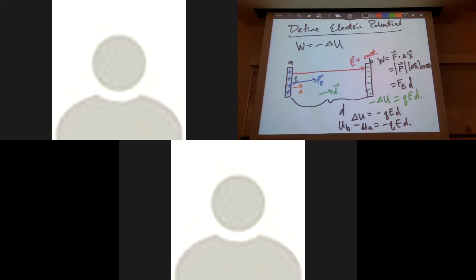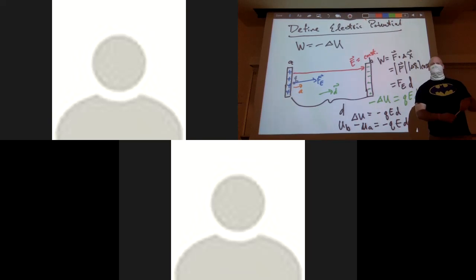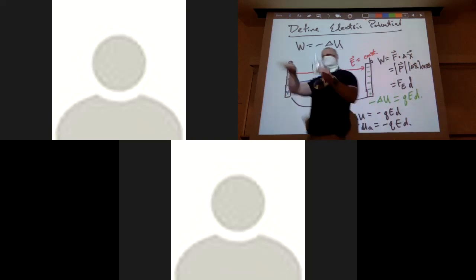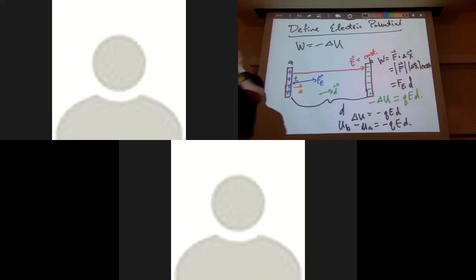It's bigger, right? So what this tells me is that this thing started off in a region of high potential energy, gets accelerated then to a region of low potential energy. Have we seen that before? Yes, right? The reason that this thing falls down is because up here I have a high potential energy, here I have a low potential energy, so this thing falls because it seeks a place of low potential energy.